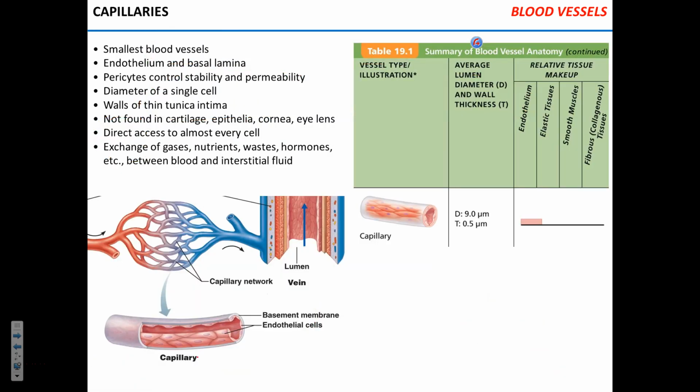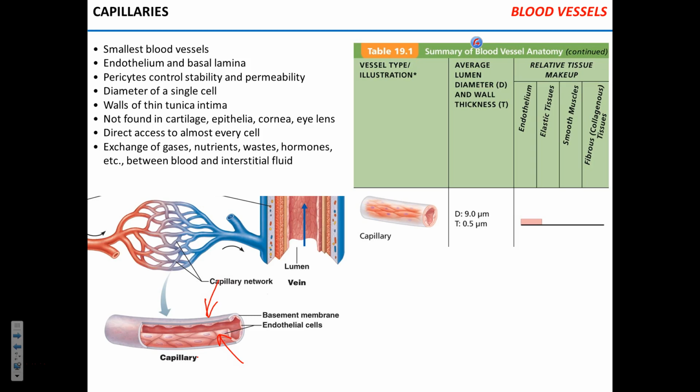Capillaries, as I mentioned, smallest blood vessels. In addition to endothelial cells that are shown here and basement membranes, some capillaries have special cells called pericytes that provide sort of patchy surrounding, okay, and control permeability of capillaries.